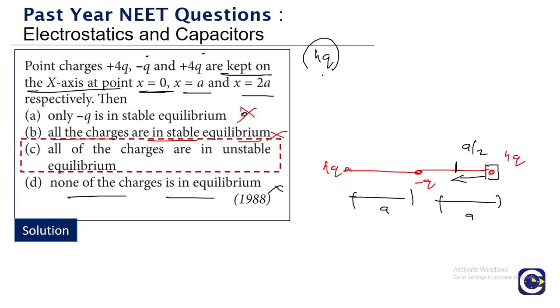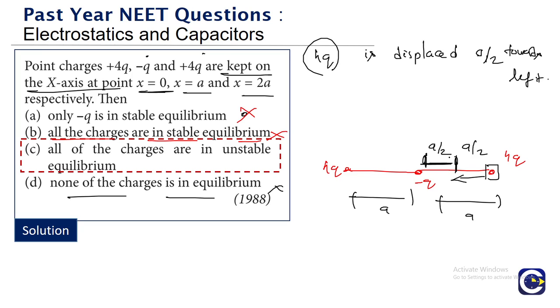So the 4q charge that we are marking, right, we'll say displaced. How much? A by 2 towards left. Now the distance from minus q charge will be what?